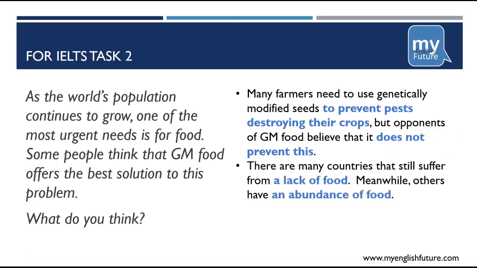There are many countries that still suffer from a lack of food. This now is a noun phrase. So you must repeat the noun phrase. Meanwhile, others have an abundance of food. So many students mess this up and write, meanwhile, others do not have enough food or something like this, but it doesn't match because this is article, noun, preposition, noun.